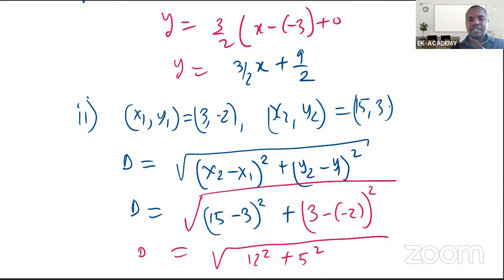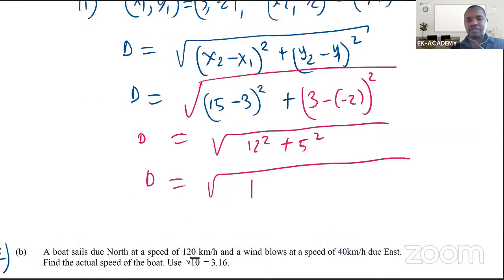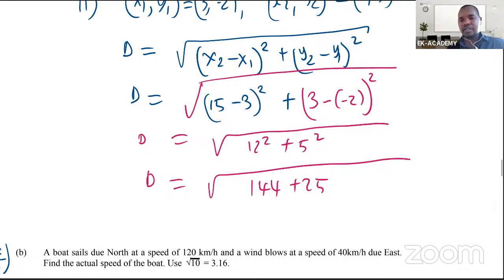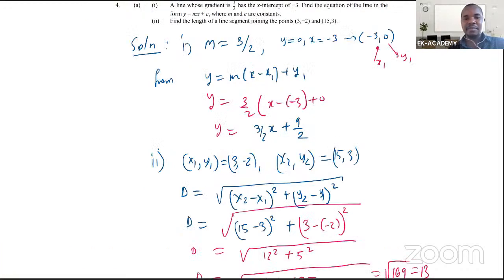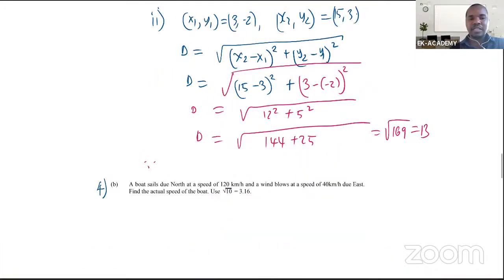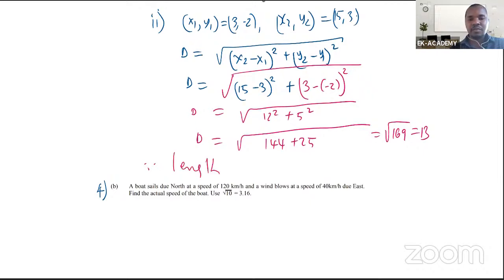You have distance equal to the square root of 144 plus 25. You get the square root of 169, which equals 13. Therefore, since the question says find the length of the line segment, we can conclude that the length of the line segment is 13 units.